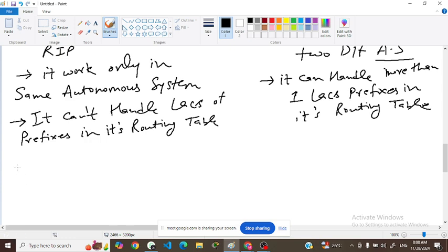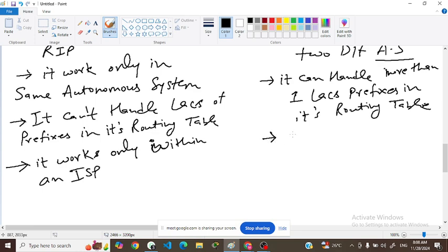So an IGP works only within an ISP. An EGP is used to connect two different ISPs.